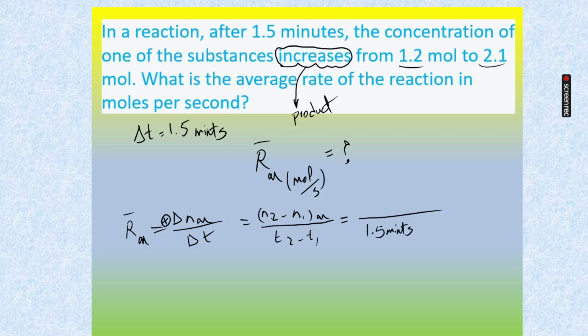On the top, n2 minus n1. n2 means mole, 2.1. n2 minus n1, 1.2, sorry. It should be positive.